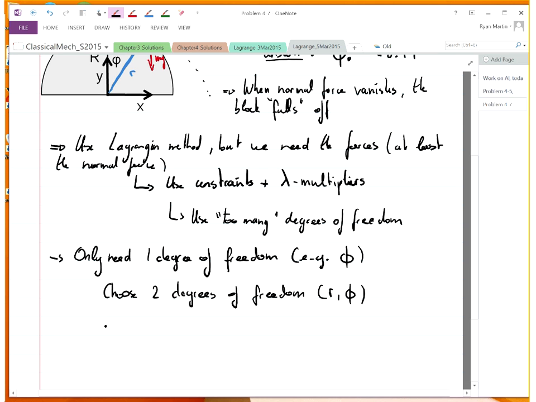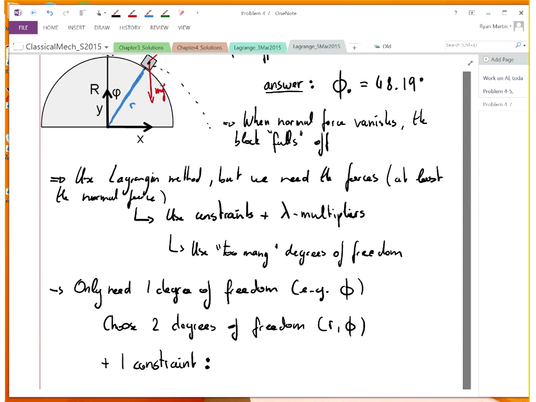We choose 2 degrees of freedom plus 1 constraint. That constraint somehow, hopefully, is related to the normal. So we have 2 degrees of freedom, r and phi.